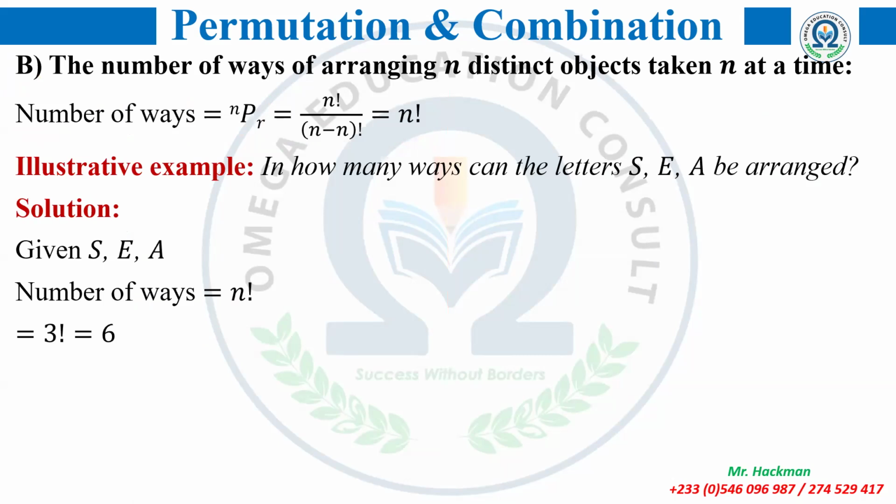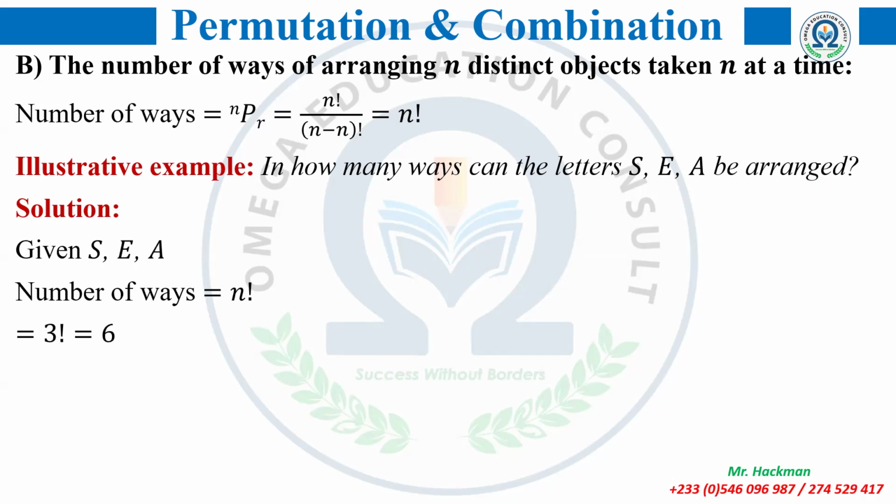Here we are looking at the number of arrangements of n distinct objects, taking n at a time. So invariably, this means you have n objects and you are arranging all of them at a time. Do you agree? Yes, please. Because our r is equal to n.